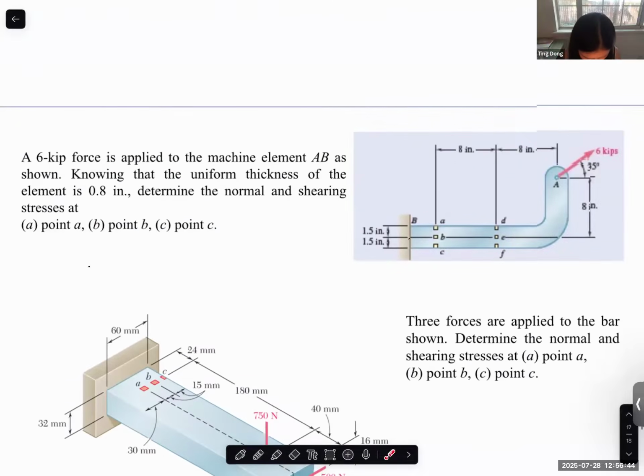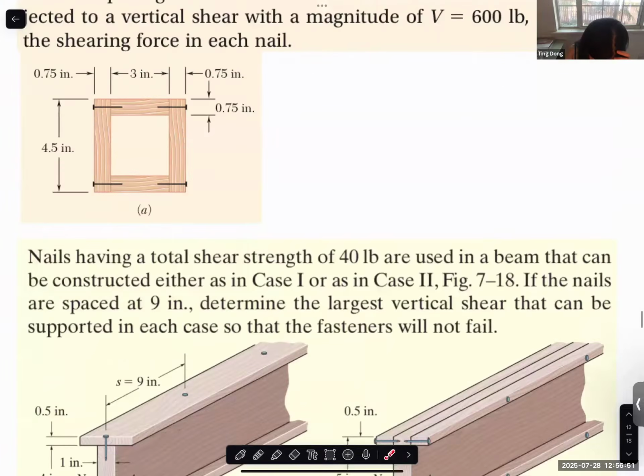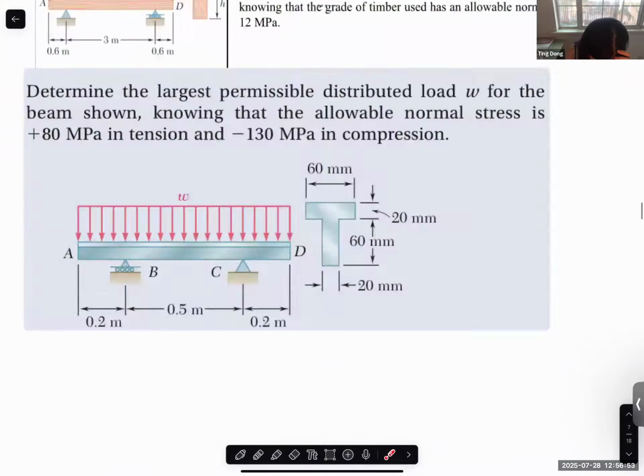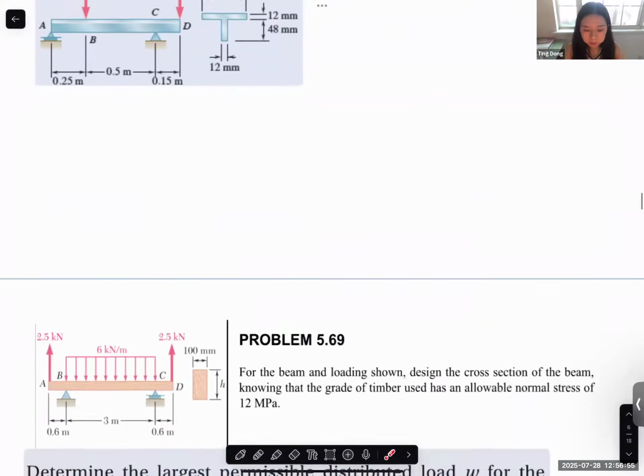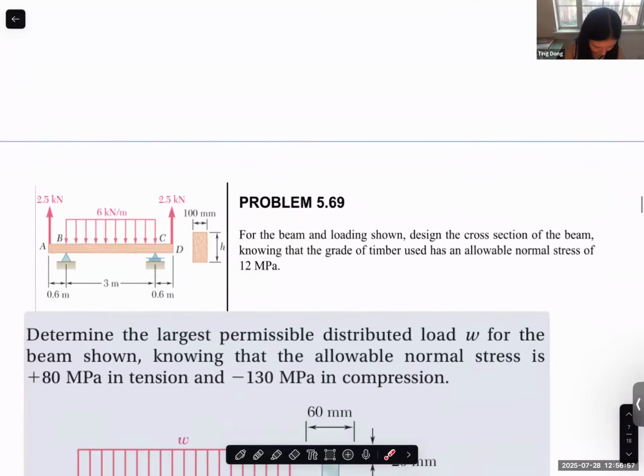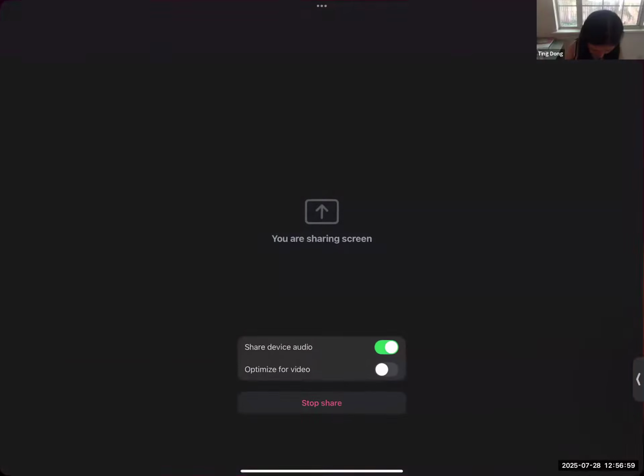We can do the circular cross section, but why did those pages disappear? One second, let me try to do it again.